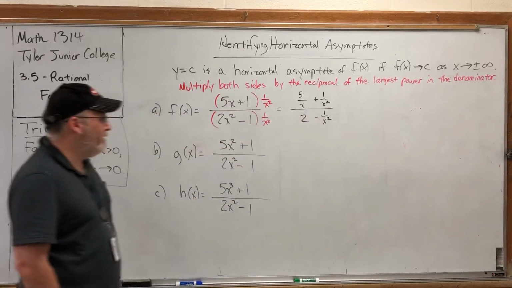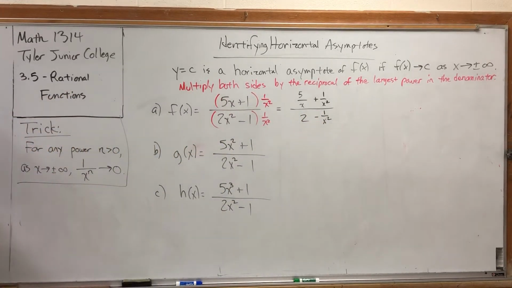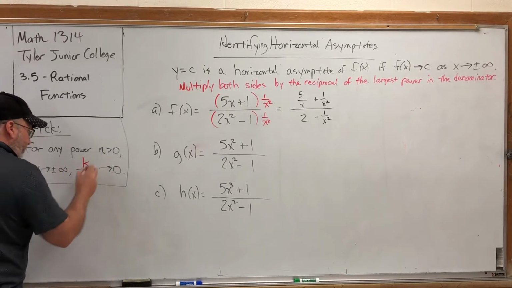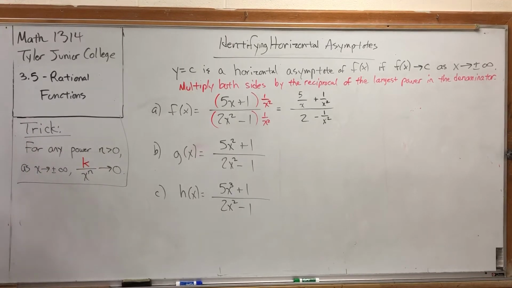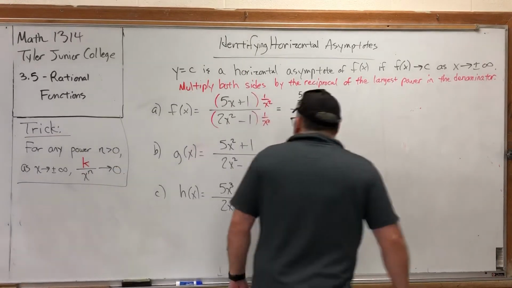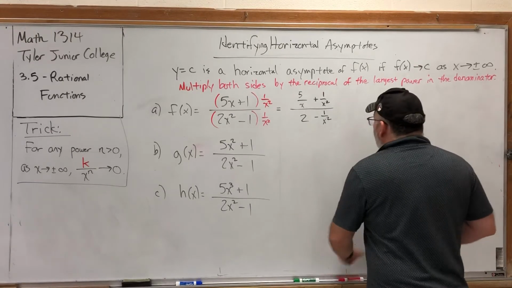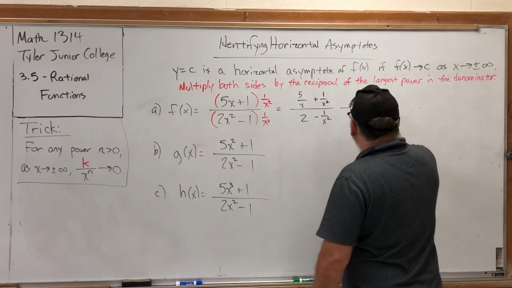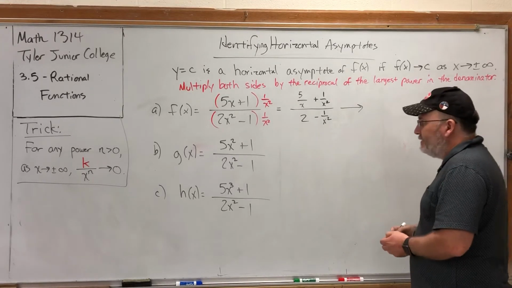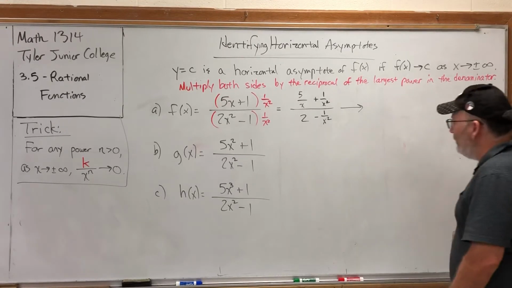Oh, and by the way, I need to make one more clarification over here. This numerator doesn't have to be 1. It can be any constant. We'll call it k. Because as long as the numerator is not growing, staying put, but the denominator is getting larger, the whole fraction collapses. So what does this approach as x approaches infinity or negative infinity?